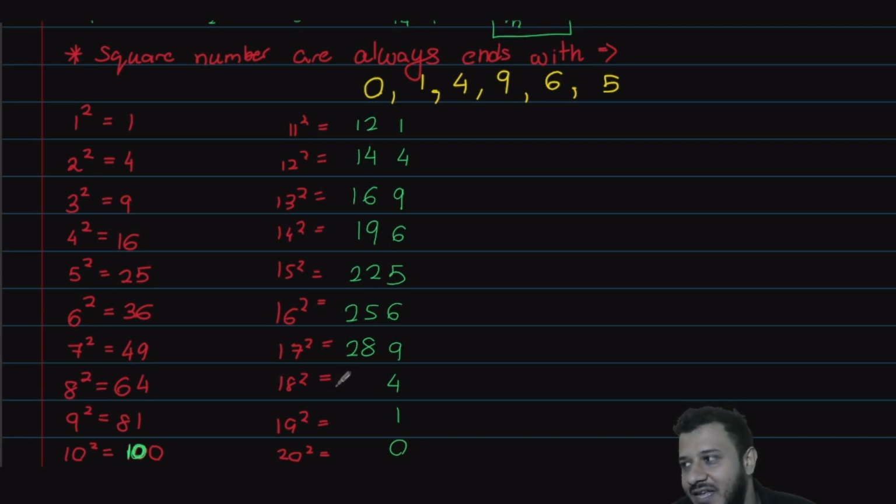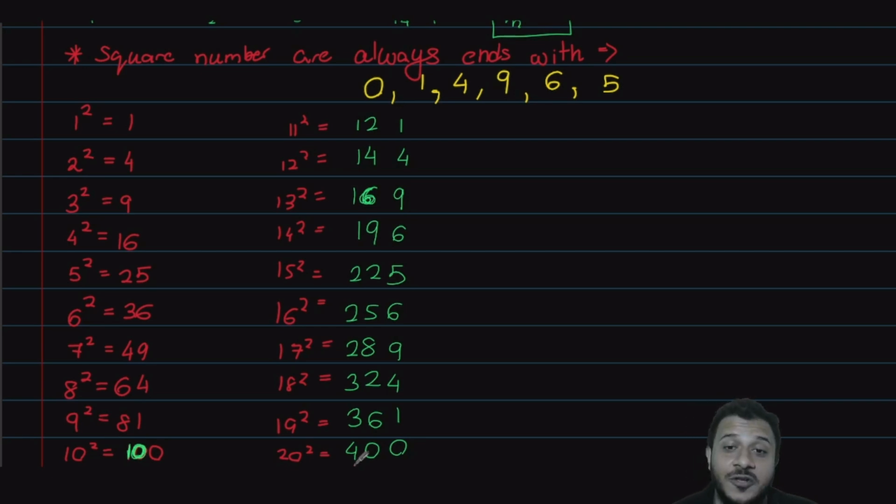Then after that, you add 4. After 28, you start to add 4s. 28 plus 4, 32. 32 plus 4, 36. 36 plus 4, 40. There we go. So that's a little bit of a pattern which you can remember if you want.